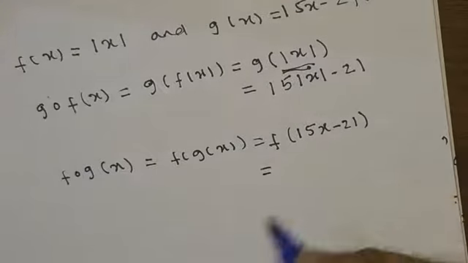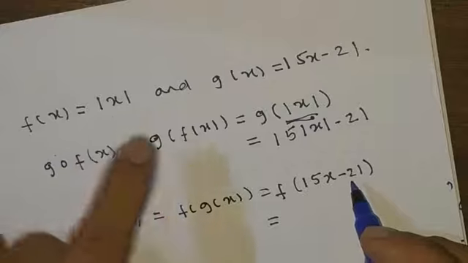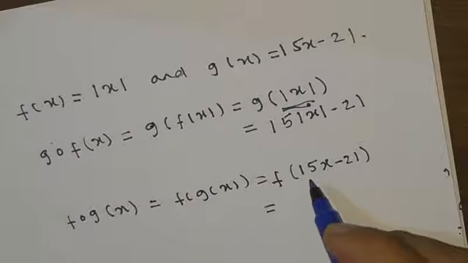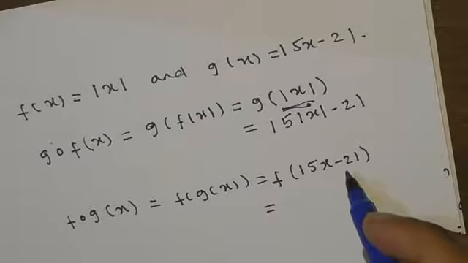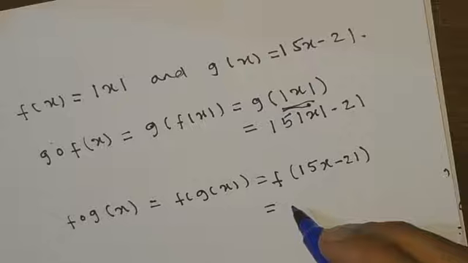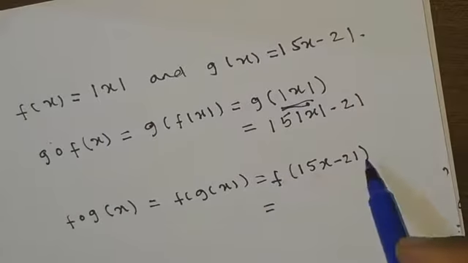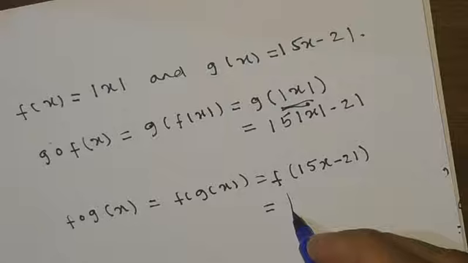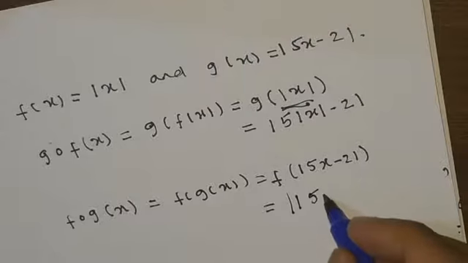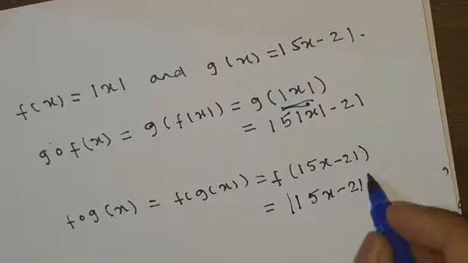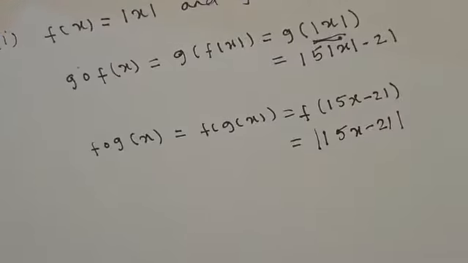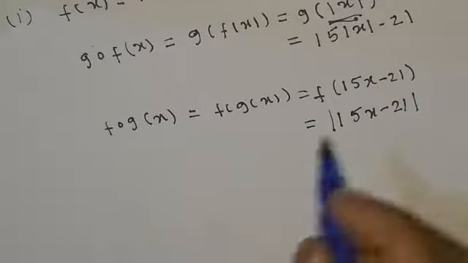So this will be equal to, now f of x is equal to modulus of x. So here in place of x it is modulus of 5x minus 2. So in the function you have to just replace x by modulus of 5x minus 2. So you will get modulus of modulus of 5x minus 2.